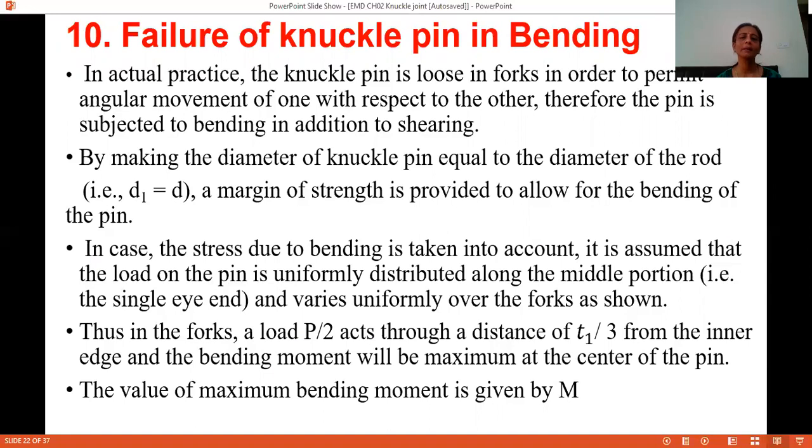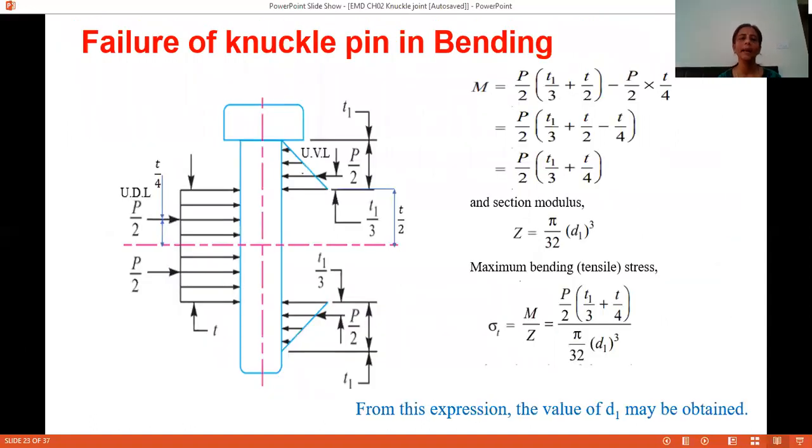When we are considering bending, it is assumed that at the portion of single eye, there will be uniformly distributed load, and at the portion of the forked end, there will be uniformly varying load. So bending moment equation we can easily make from this figure.